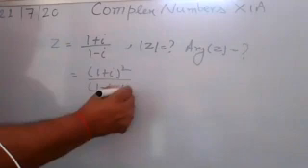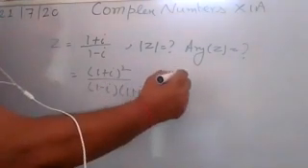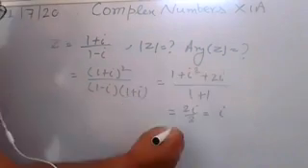Simplifying it, that is equal to 1 plus i square plus 2i, whole divided by 1 plus 1, because here i square is equal to minus 1, so this minus 1 and 1 cancel out. So you have 2i upon 2, which is equal to i. And this i can be written as 0 plus i.